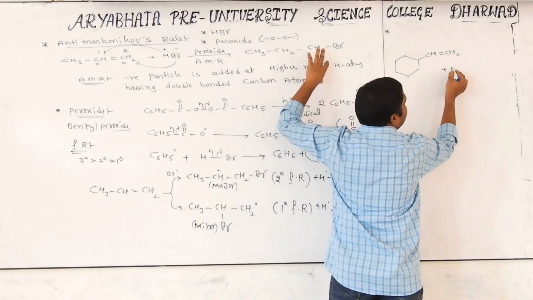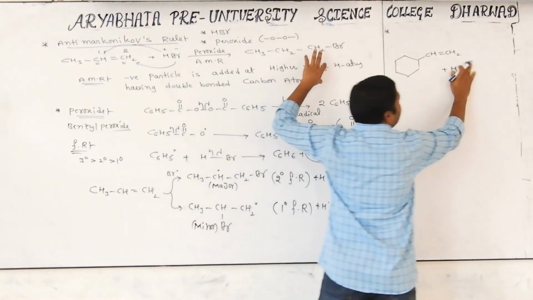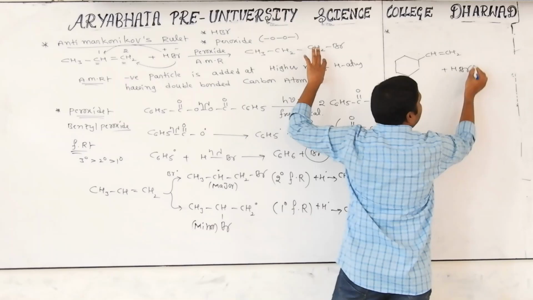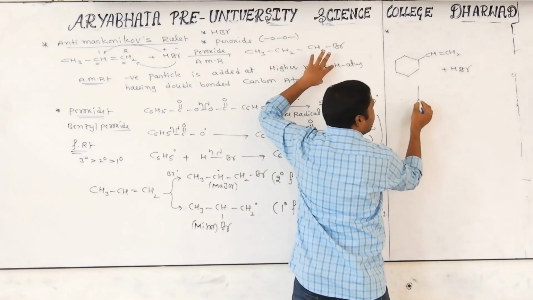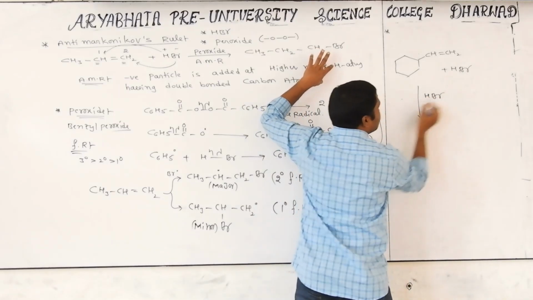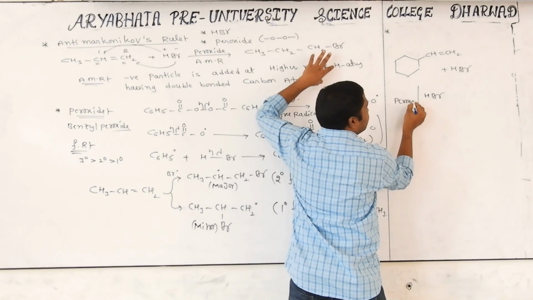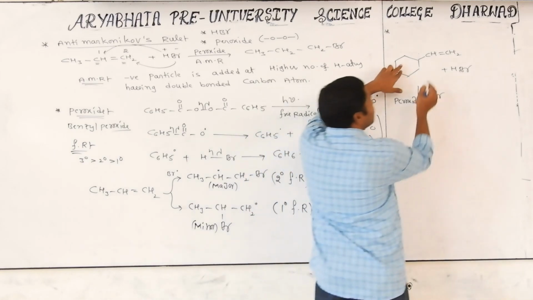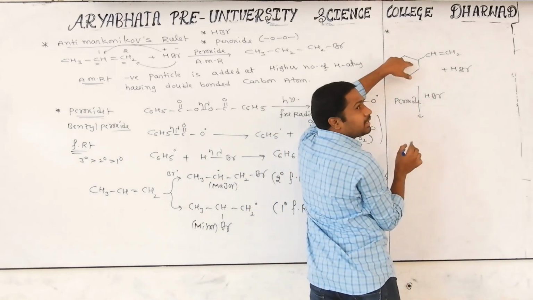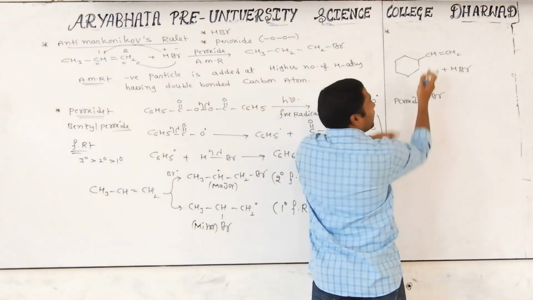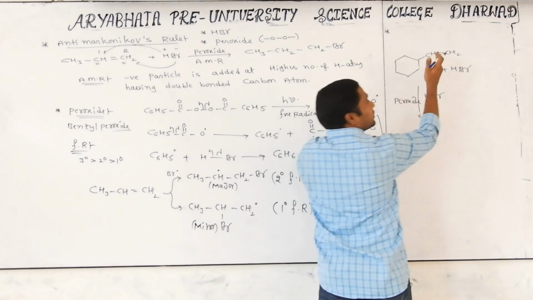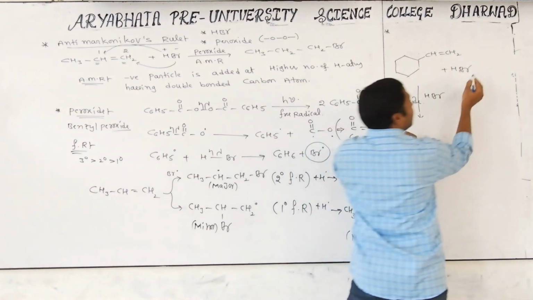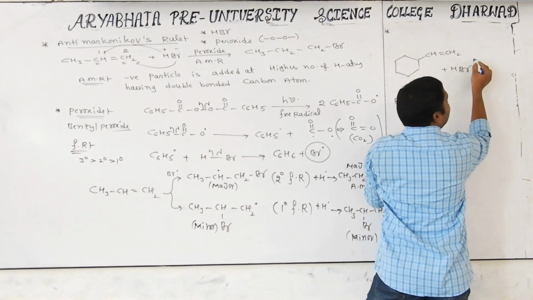You are adding HCl, or you are adding HBr, and you are adding HBr in presence of peroxide. The product obtained will change. So this is one type of alkene. Is it symmetrical or unsymmetrical? Unsymmetrical. Why? Because on the left side 7 carbons, on the right side 1 carbon. Then it is going according to which rule? Markovnikov's rule.